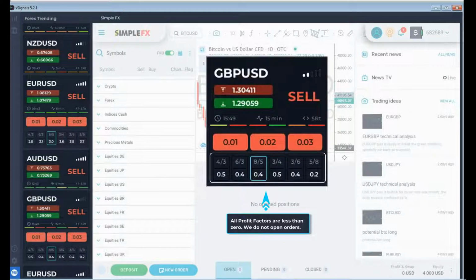Remember, xSignals only gives recommendations. The decision is always made by the trader. Periodically retest trading on a demo account, and we will move on to examples of using auto orders.